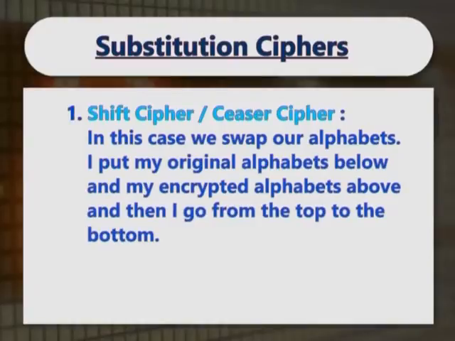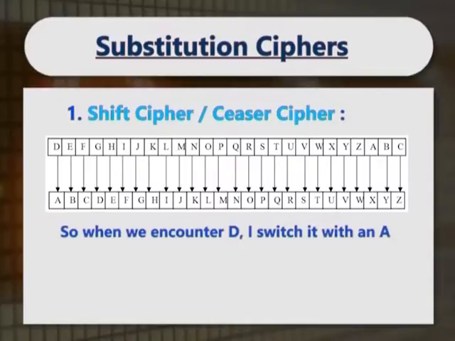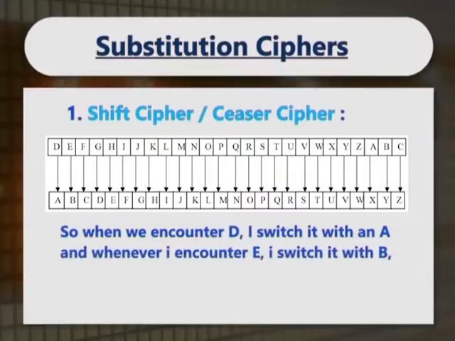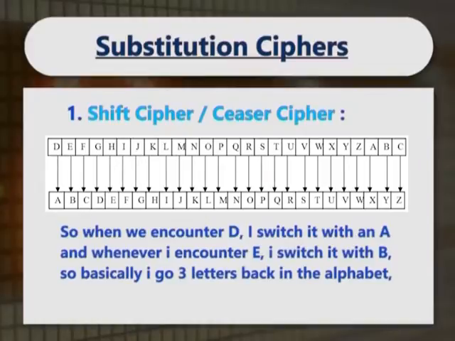In this case, we swap our alphabets. I put my original alphabets below and my encrypted alphabets above, and then I go from top to bottom. So, when we encounter D, I switch it with an A, and whenever I encounter E, I switch it with B. So, basically, I go 3 letters back in the alphabet.